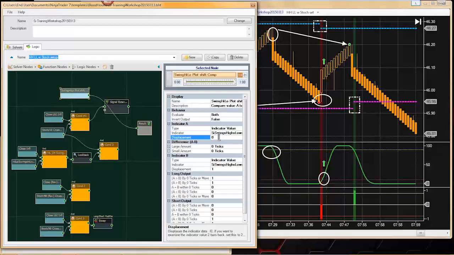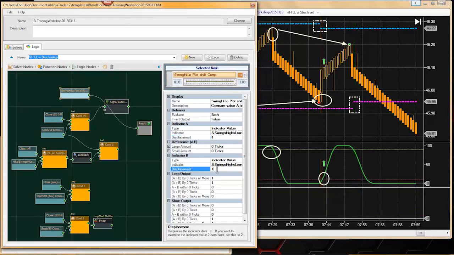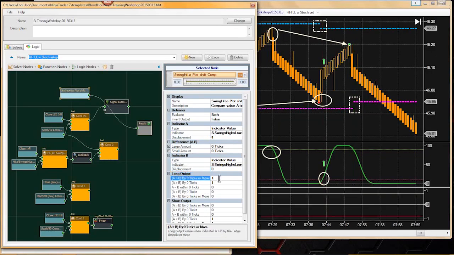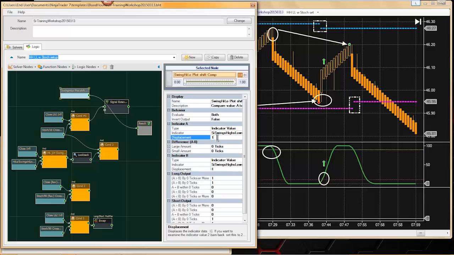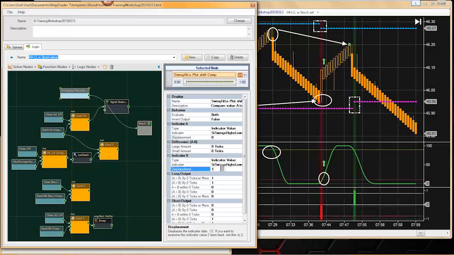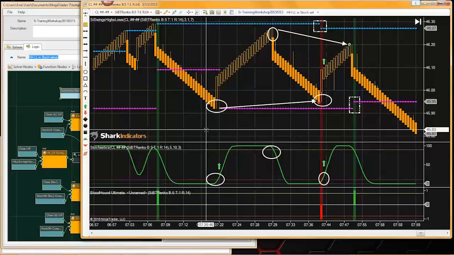And yeah, there we go. That did it. I think I could change these displacements, and no, actually that doesn't work. So let's put back there. All right.